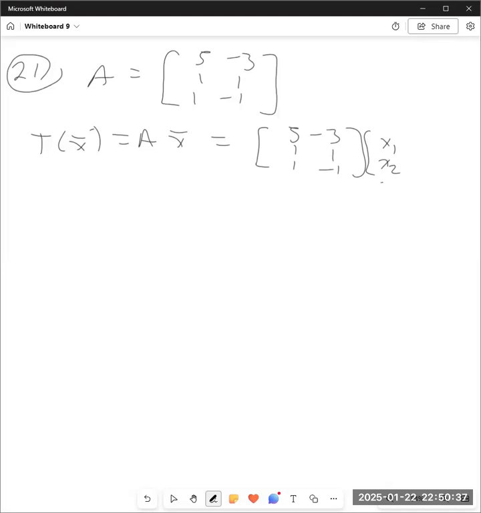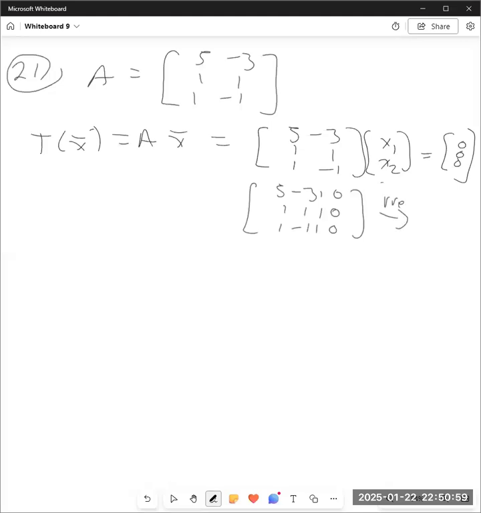Setting this equal to 0, 0, 0, that makes this [5, -3, 0; 1, 1, 0; 1, -1, 0].